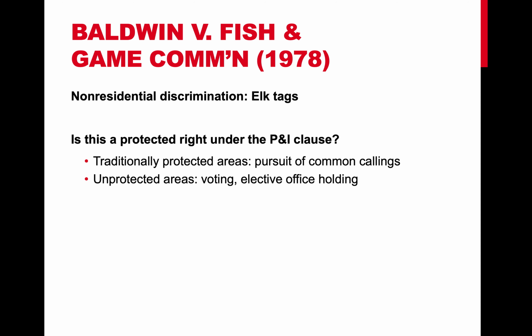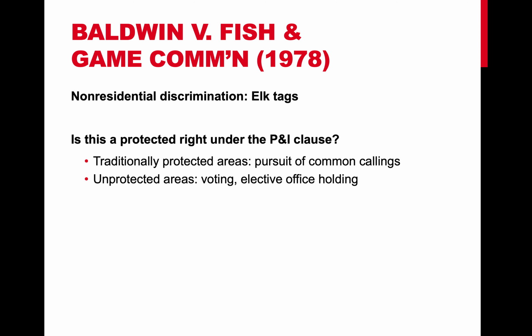Right. So the idea, it appears, with the exceptions, the voting and the elective office holding exception, is that state officers are necessary to the identity of the state. The state needs to be able to set up its own government. It needs to be able to staff that government and to choose that government. And therefore, the staffing and the selection process can be limited to those people that are going to be most affected by it, the people who live there.